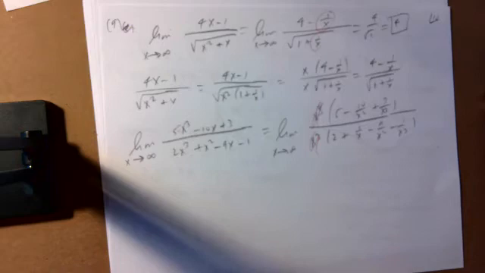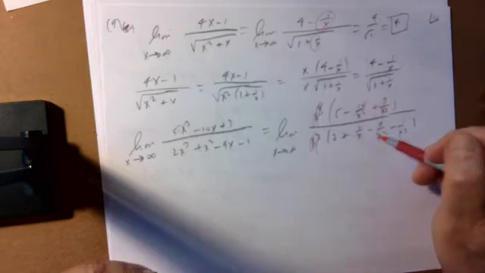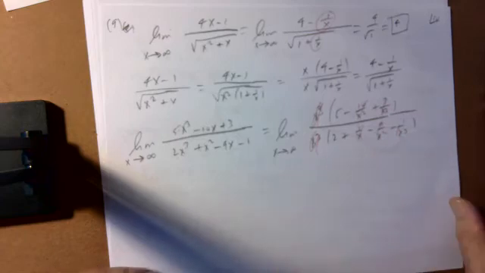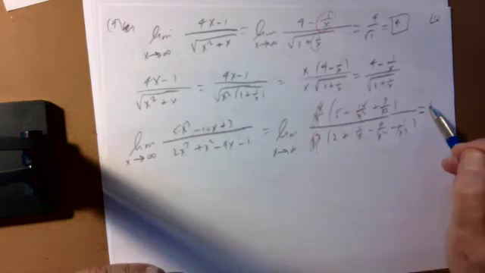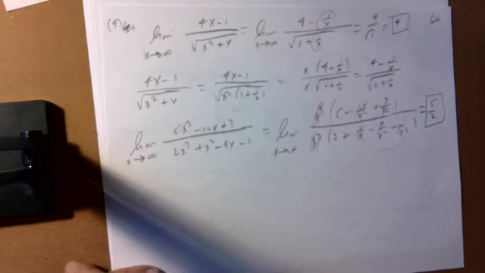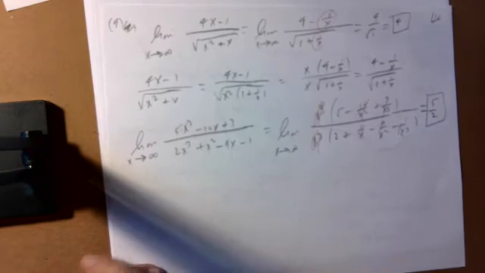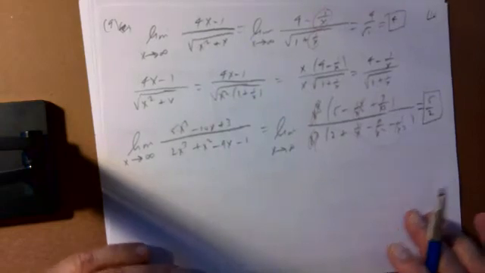And as x goes to infinity, all these expressions with x in the denominator go to 0. And what I'm left with is just 5/2. Any questions about this?